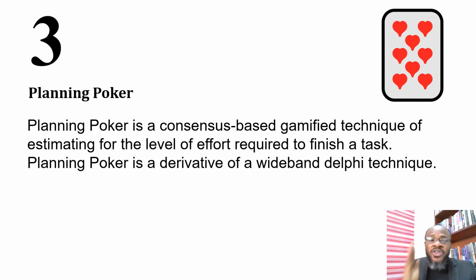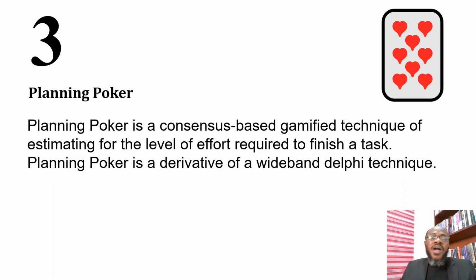So if a particular user story is discussed, they select the values and plot them on a chart. Then the team members will be given the opportunity to explain the reason behind their selection. And then the process is repeated again, okay, until consensus is established.